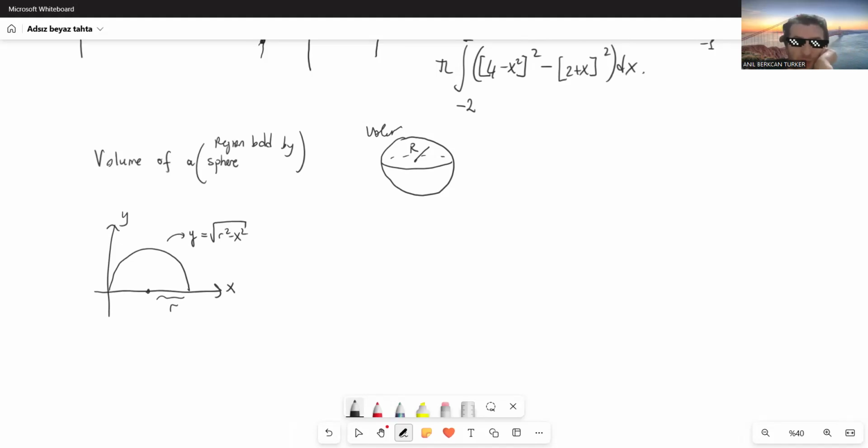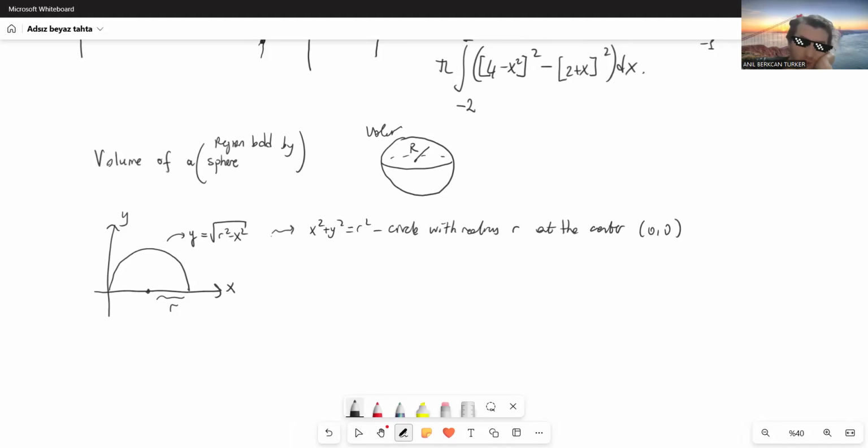Right, because when you open it, it corresponds to x squared plus y squared equals r squared, which is a circle with radius r at the center 0, 0. If you also take the minus, it will give you the lower part of the circle.